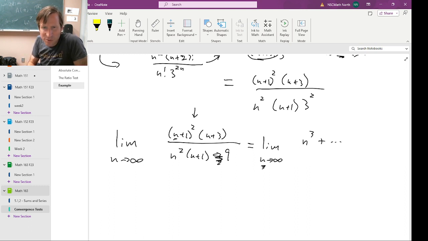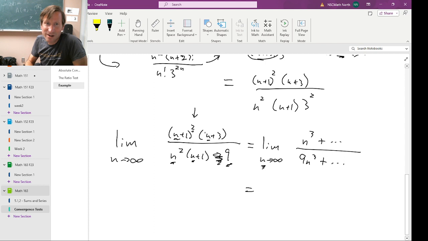And that's because here we have an n that's squared, and here we have another n, so that's going to give us n cubed. In the denominator, our leading term is going to be n squared times n times 9. So it's going to be 9n cubed plus lower degree stuff. And so when we take the limit at infinity, right, we get 1 over 9.